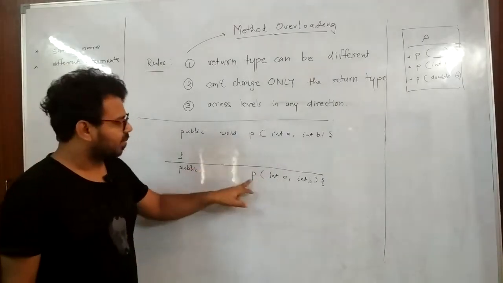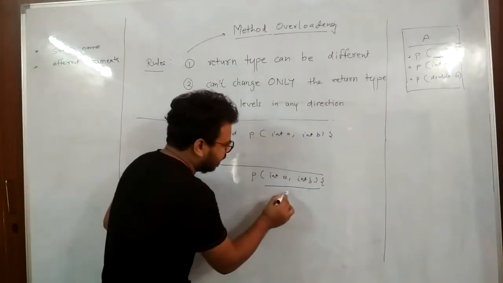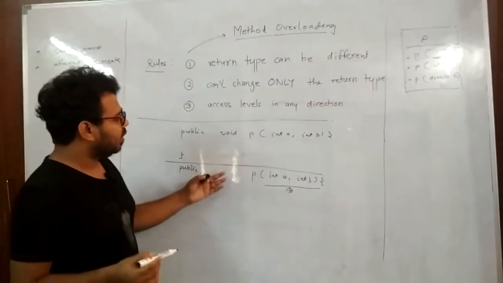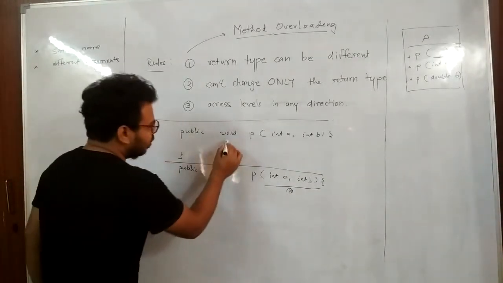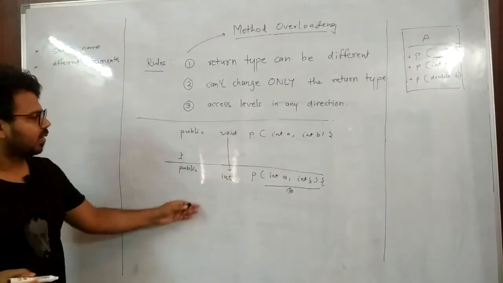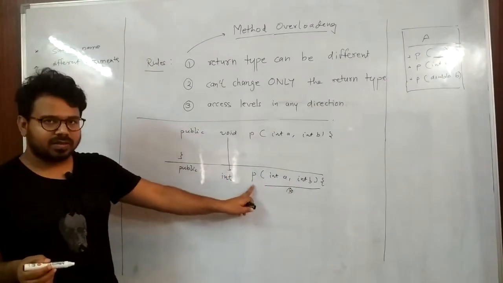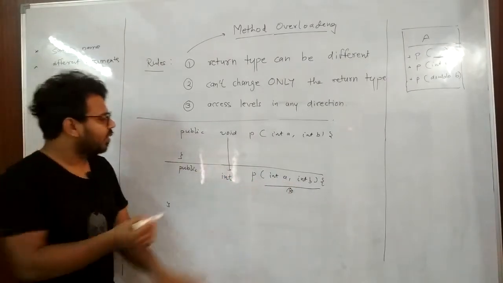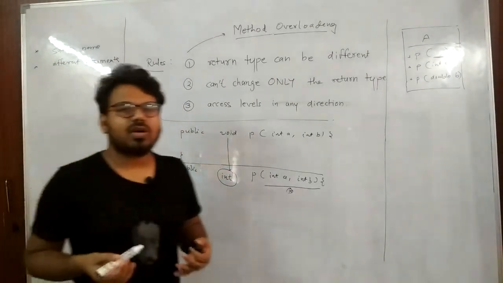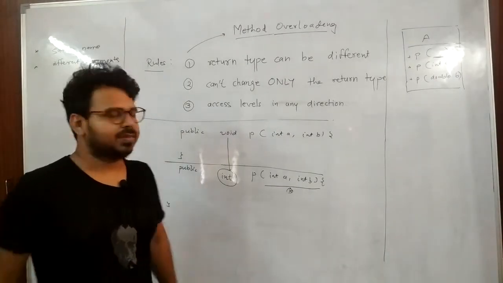We have the same name, and you can see we are not having different arguments, but the return type is int. The number of arguments is the same, the name of the method is the same, and we are only changing the return type. So is it an overload or not? Is it a proper overload? What do you think?